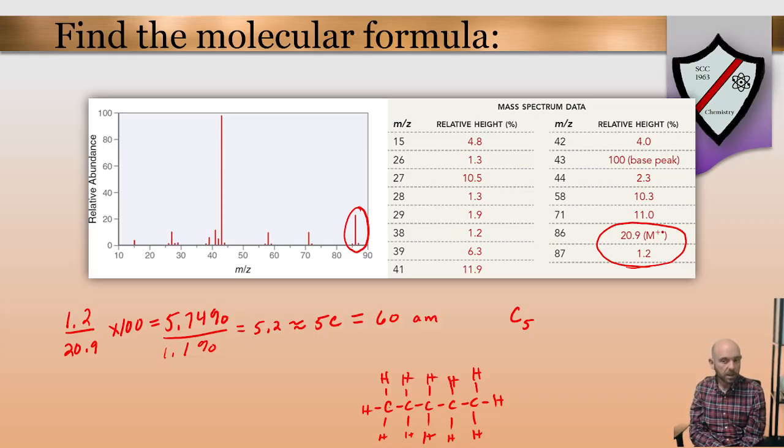So the formula can't be just plain C5H12, because that would only give us a mass of 72. So we have to have something bigger in there.